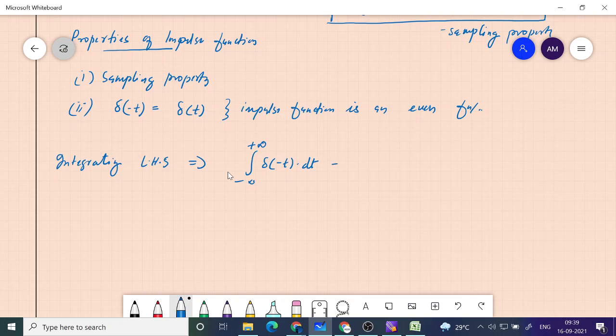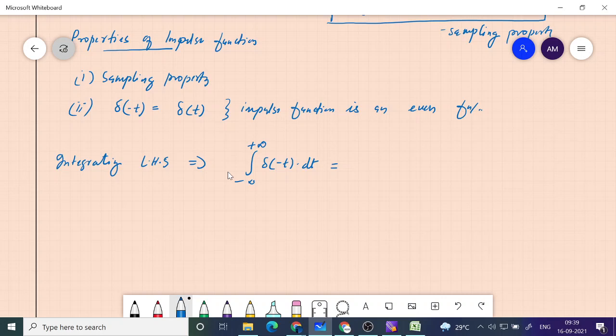Now how do we find this? We do not know what this is, because we only know that the integral of delta of t dt is 1. So how can we convert this integral into a form which we know about?